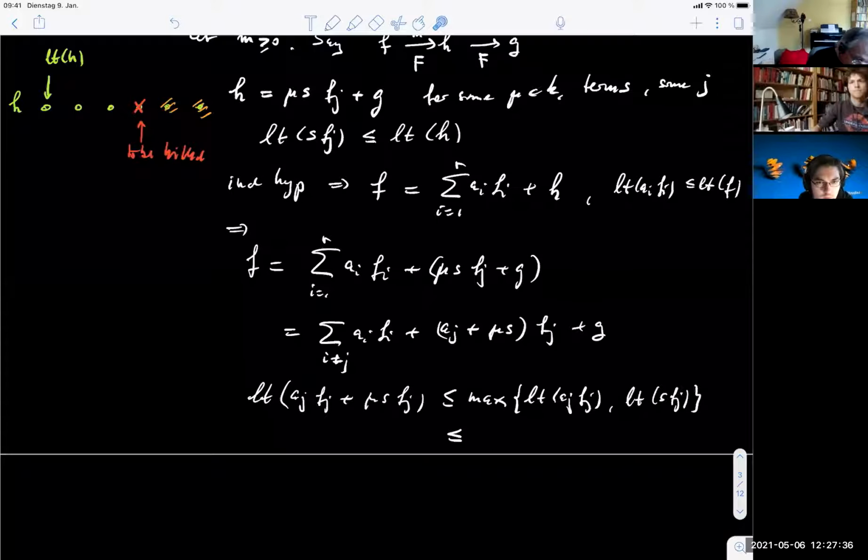This is less than or equal to the leading term of F, and here, sorry, there's something fishy here. Right, Hj, Fj, S Fj. And this is less than or equal to the leading term of H, but the leading term of H is less than or equal to the leading term of F. So I get this.